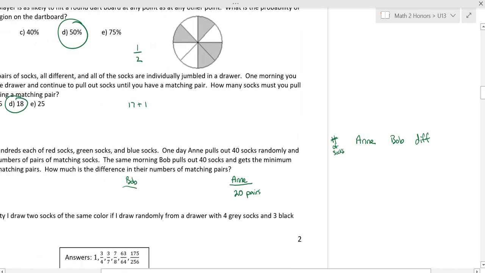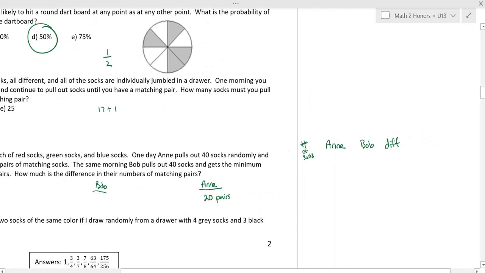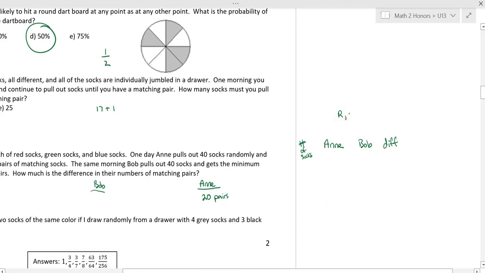We've got red, green, and blue. Those are our colors. So let's say we pick 3 socks. Well, let's go 4 socks.